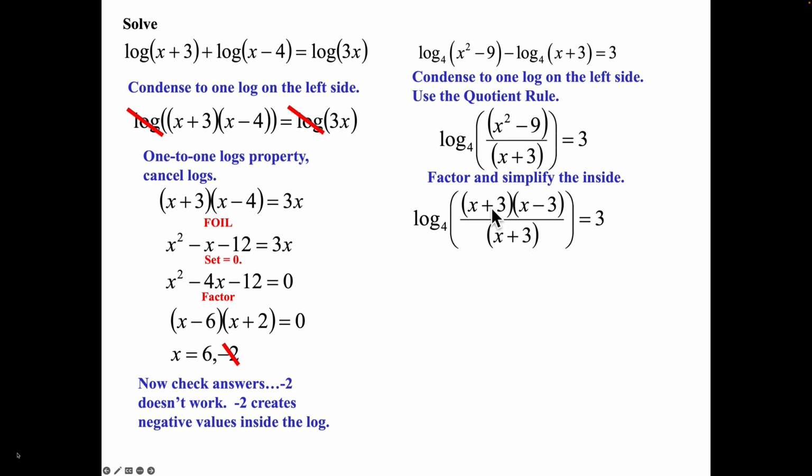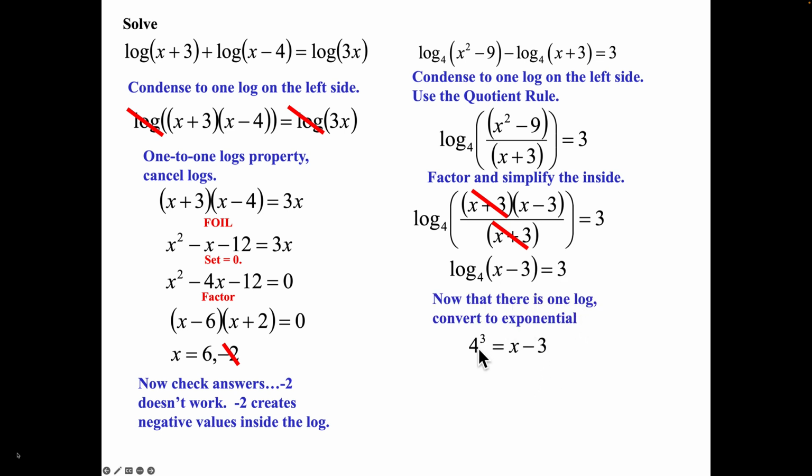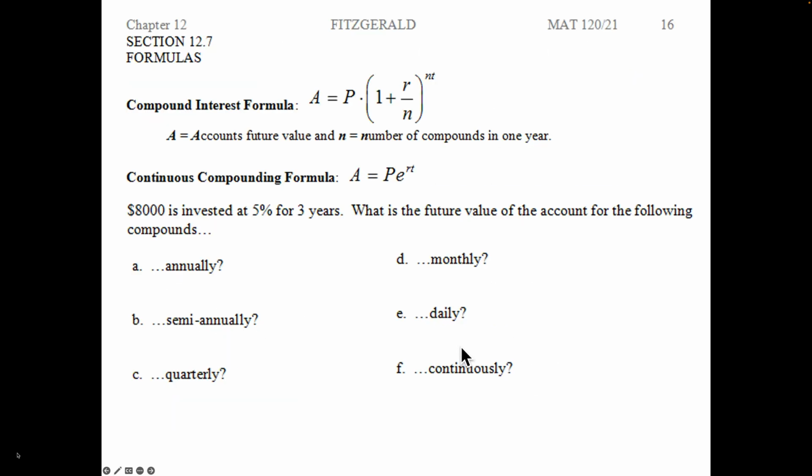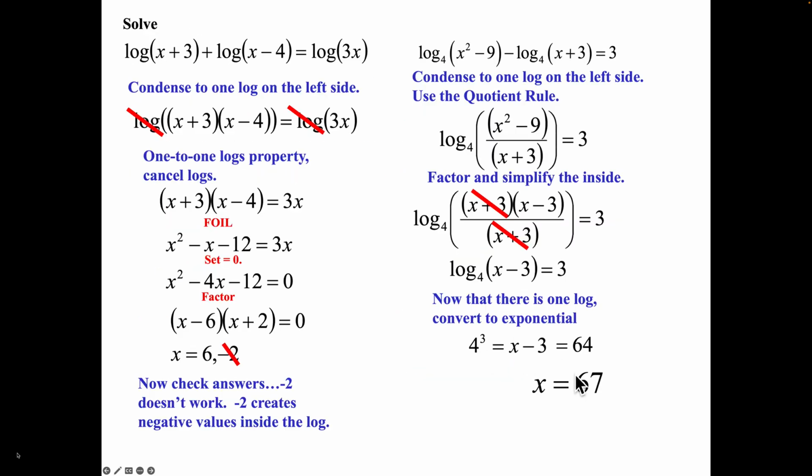So cancel the x plus 3's. Log base 4 of x minus 3 equals 3. Conversion rule. 4 to the power of 3 is equal to x minus 3. 4 to the third is 64. Add over the 3, you get 67. And that's our final answer.